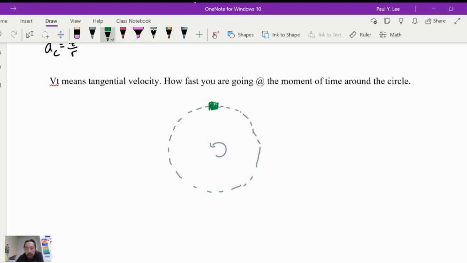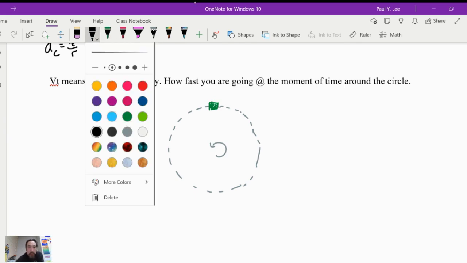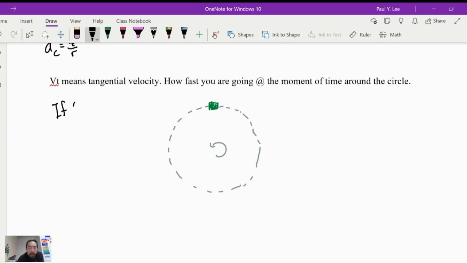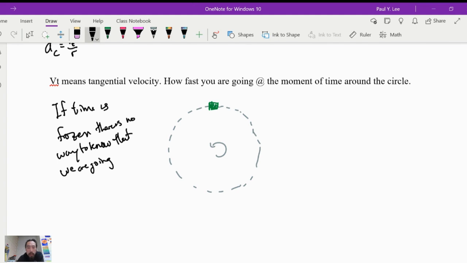So if we were to freeze time and just look at that object, let's write this down. If time is frozen, this is a huge moment, there is no way to know that we are going in a circle.